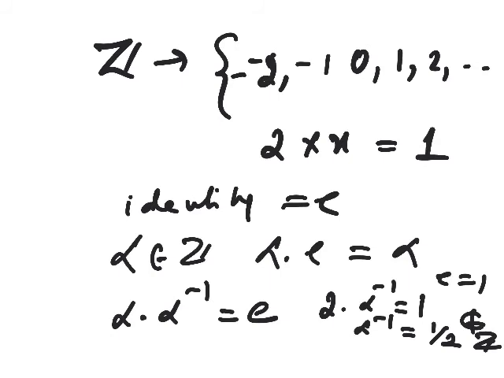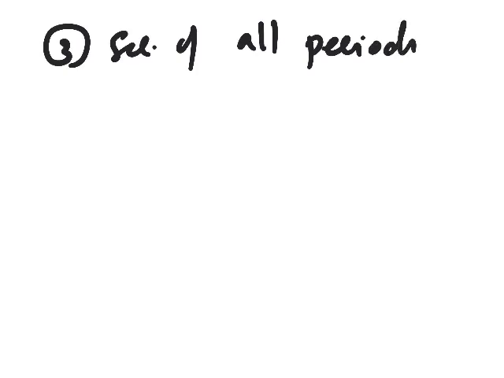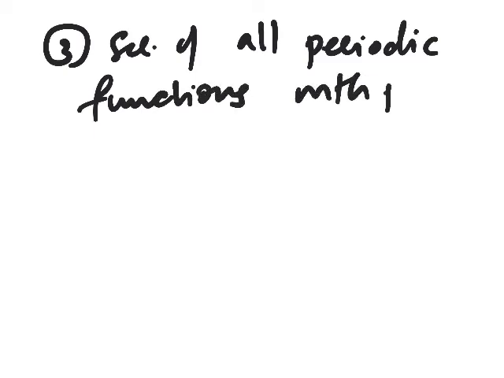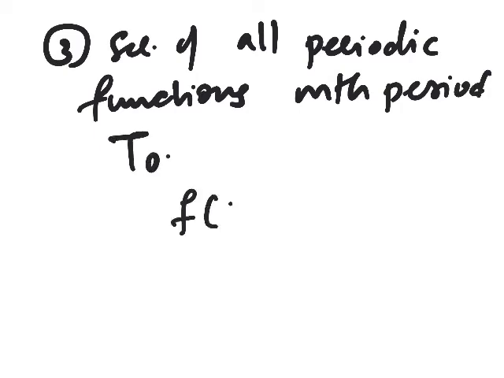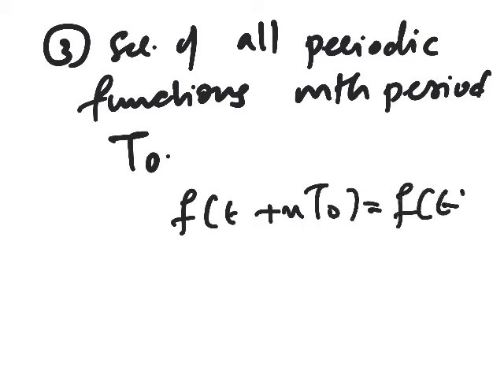Any other example? I'll write, tell me whether it is a vector space or not. Set of all periodic functions. A periodic function is something like this: f of t plus n t naught is equal to f of t.